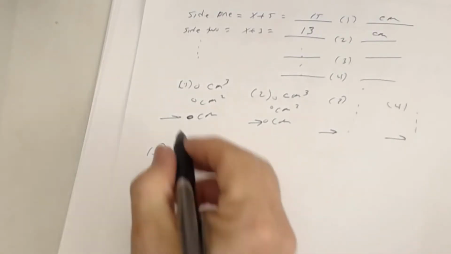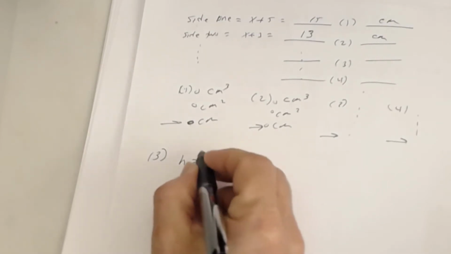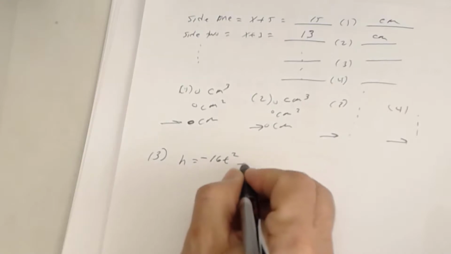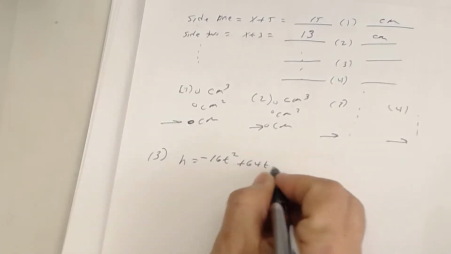So in 13, you have that an object is thrown upward from the top of an 80-foot building with an initial velocity of 64 feet per second. The height h of the object after t seconds is given by this function, negative 16t squared plus 64t plus 80.